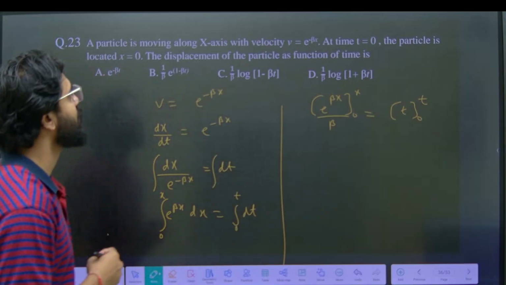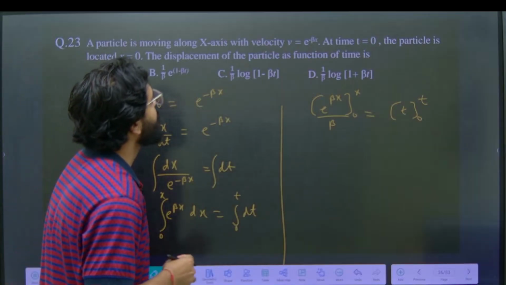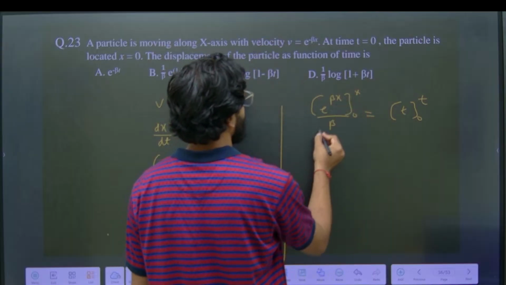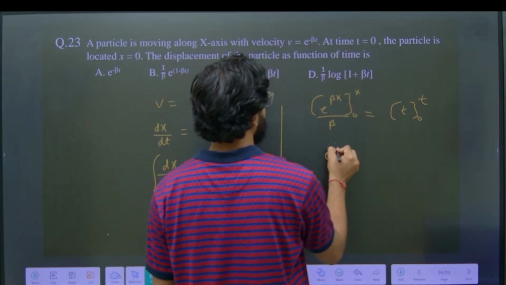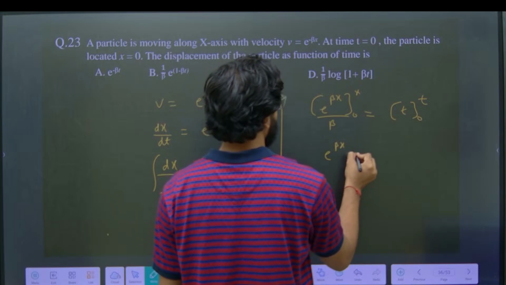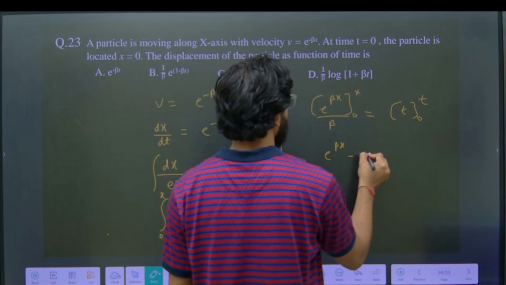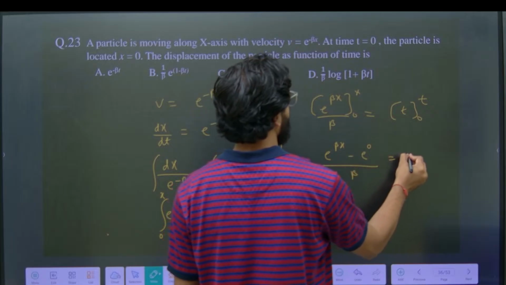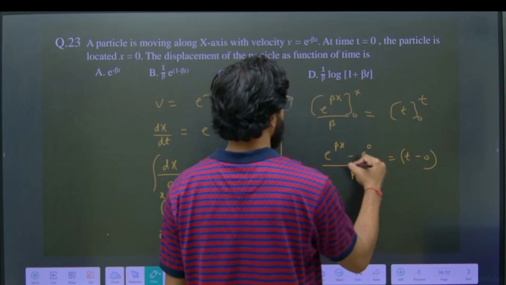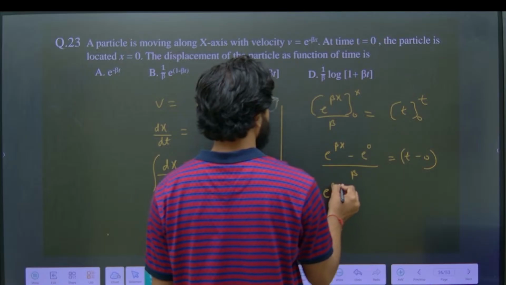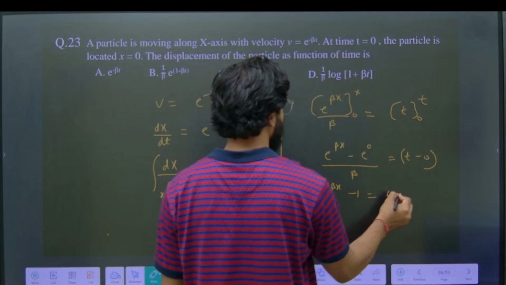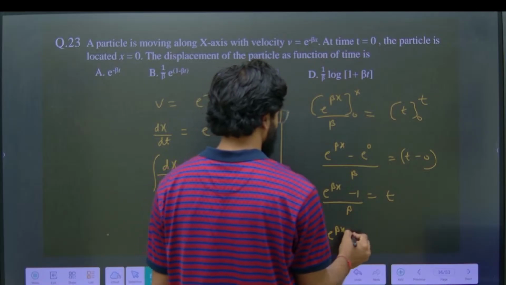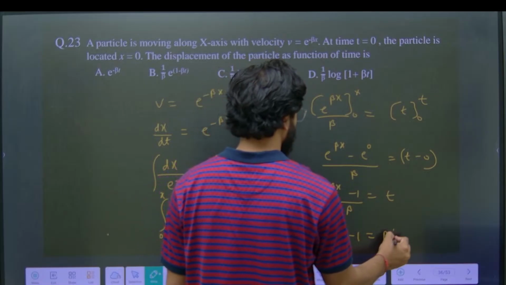Okay, the answer is coming in ln, so we have to take it, no issues. If we put in x, it is e to the power beta x minus e to the power 0 upon beta equals t minus 0. So e to the power beta x minus 1 equals beta t.